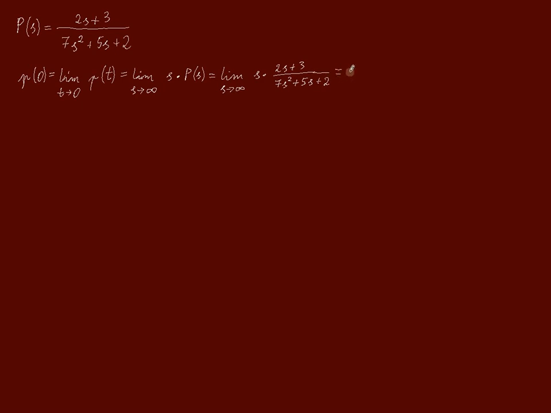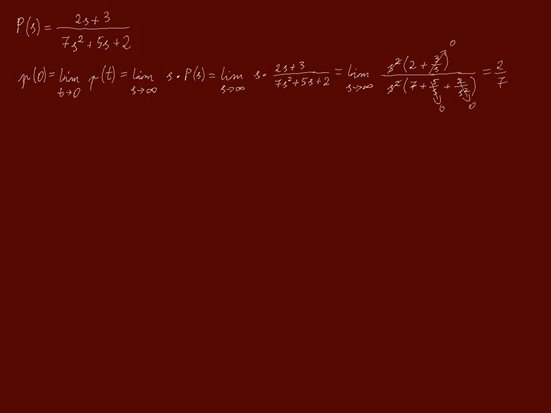At this stage, one needs to pull out the highest powers of the variable s before the brackets in the numerator and in the denominator and shorten them. And this is our initial value.